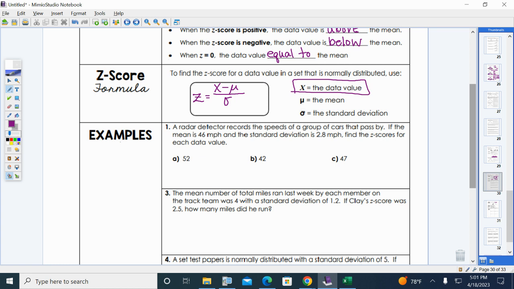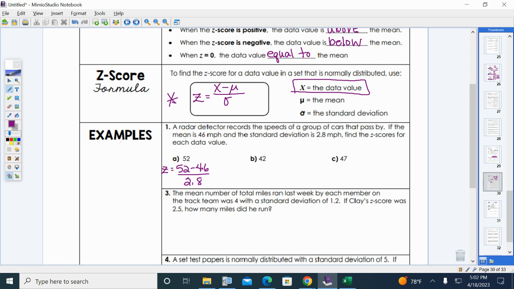So using the formula that you're given, we're finding the z-score. The x is the data value, which is the 52, minus the mean. And in my word problem here, it says that the mean is 46. And we're going to divide by the standard deviation, which is 2.8.